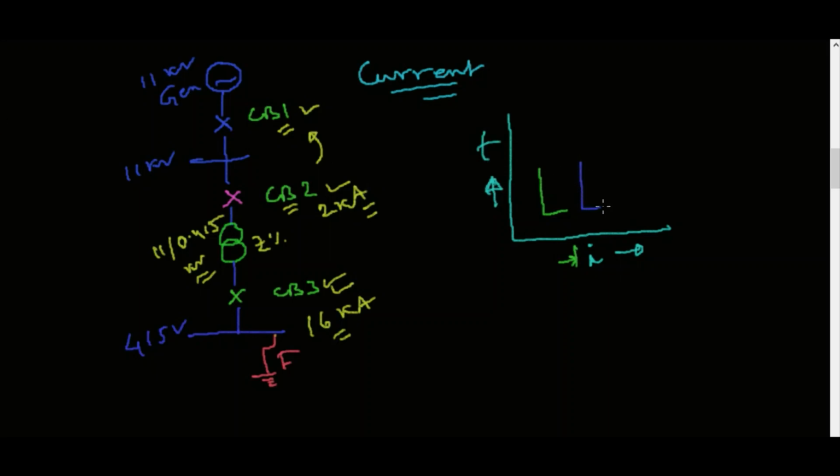Suppose next breaker, this is the current, and next breaker, this is the current. So this will be coordinated based on the current only.